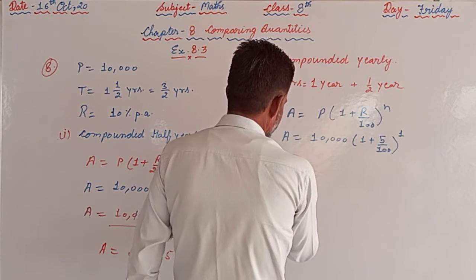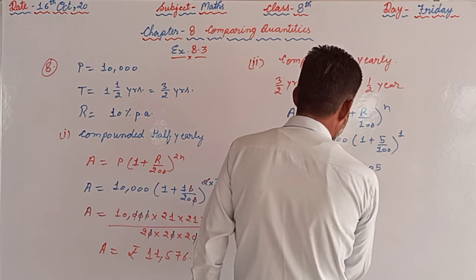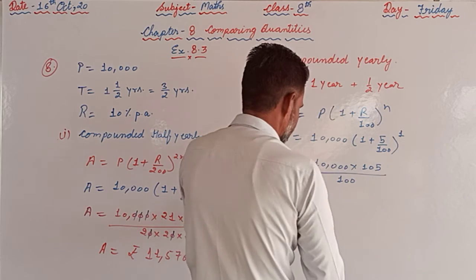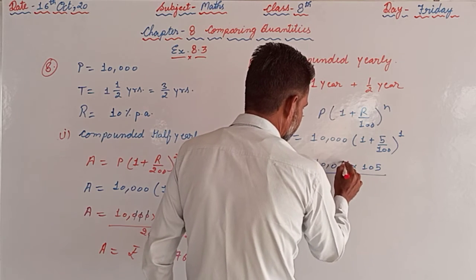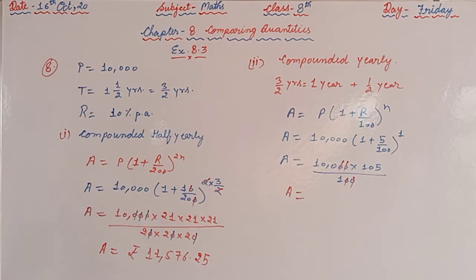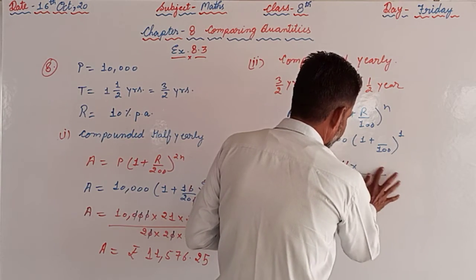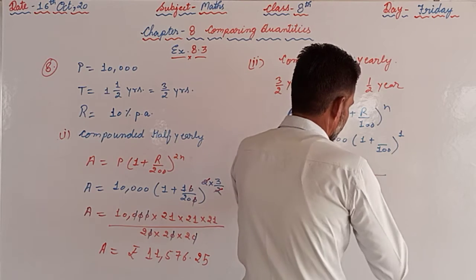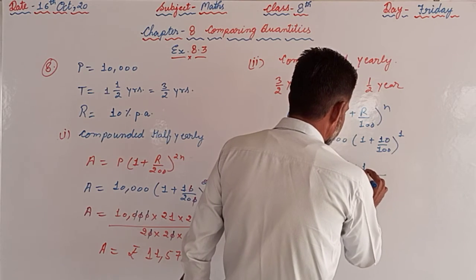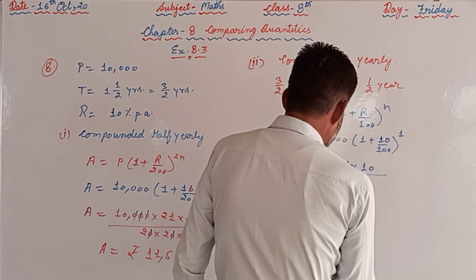So that will become 10,000 into 110 upon 100, and 2 zeros will be cancelled out, and the rate is 10.